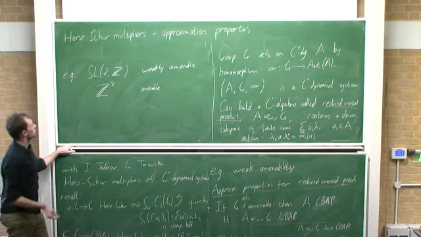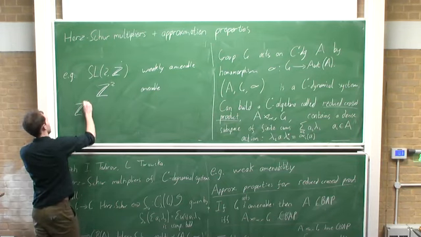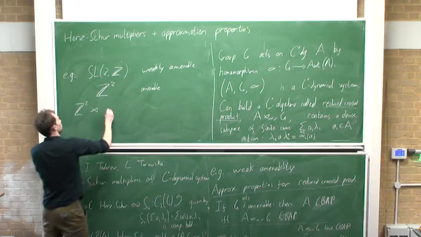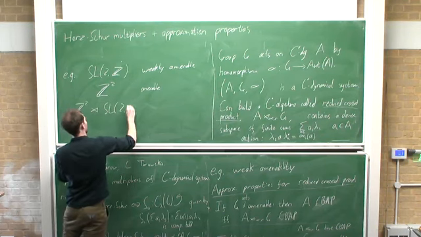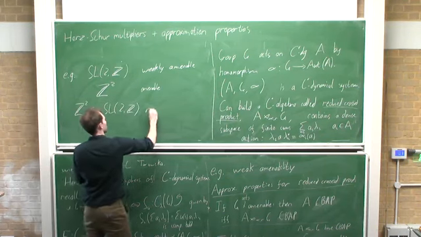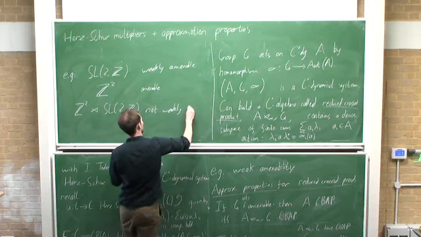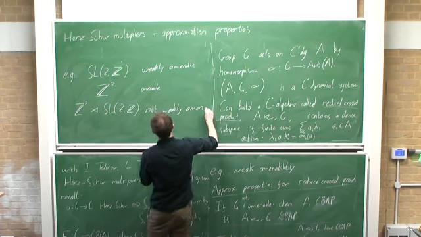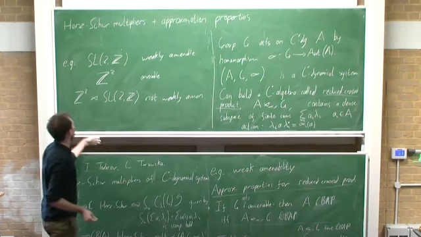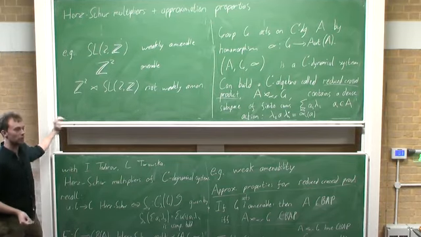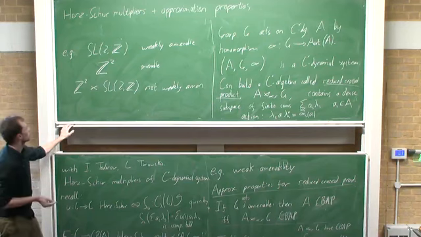But if you form their semi-direct product, it is not weakly amenable. The semi-direct product can be phrased as a cross product.